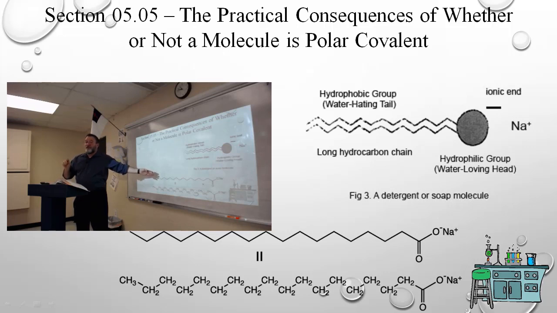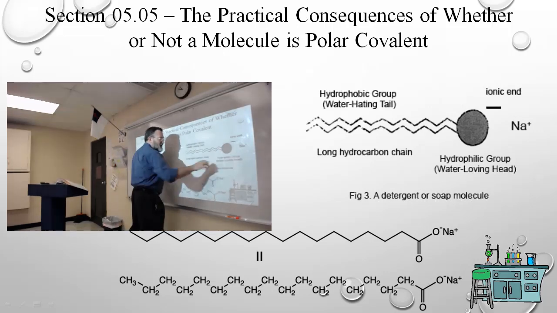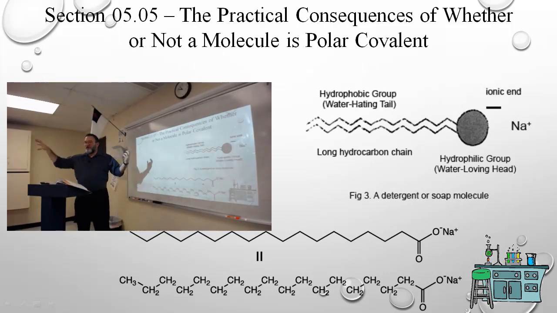But stains that you have, soilants, tend to be nonpolar. So the water can't mix with and dissolve the stain, but the long hydrocarbon tail can. What actually happens is the tail end of the soap molecule dissolves and hooks to the stain, and the hydrophilic head attaches to the water.